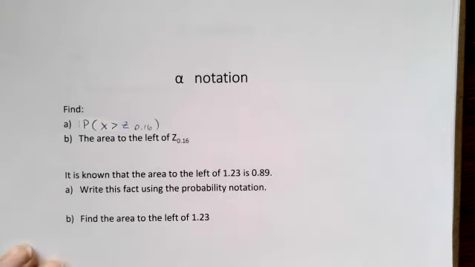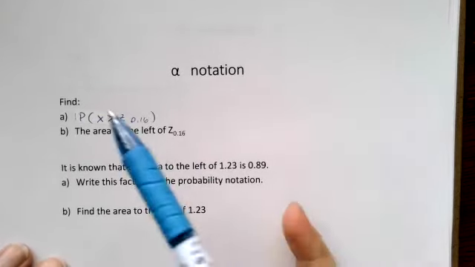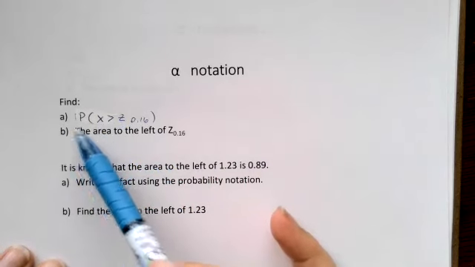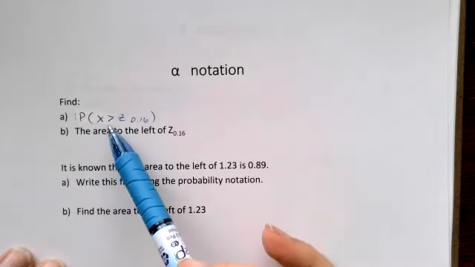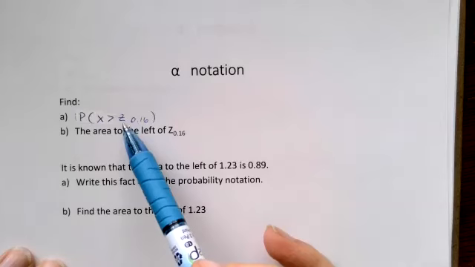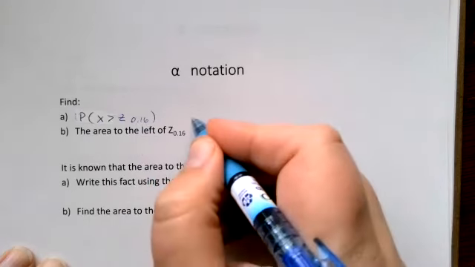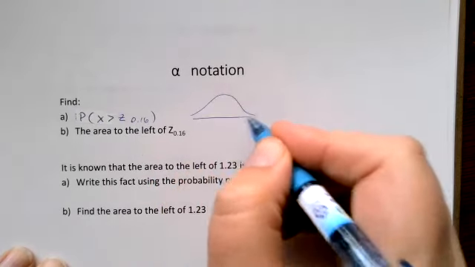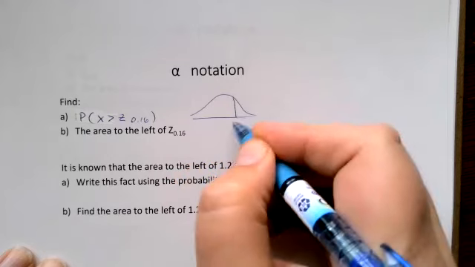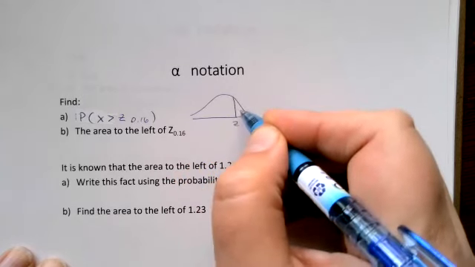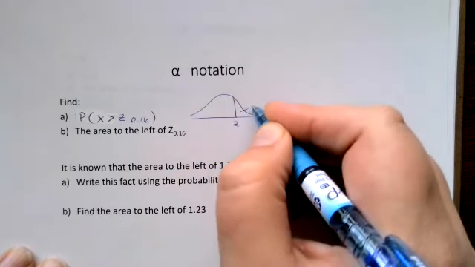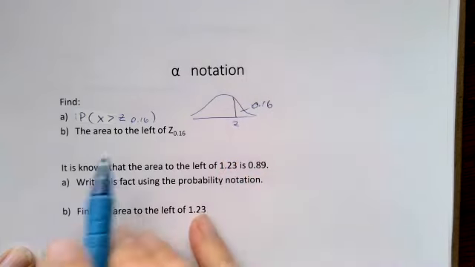So let's practice. We have question A, probability that x is greater than the value of z with alpha 0.16. What does that mean? So here's my z value, which has the area to the right of 0.16.